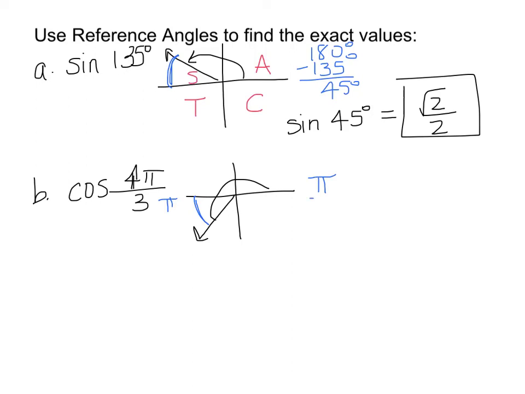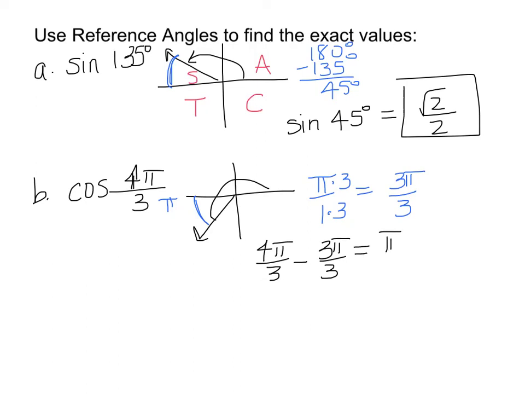And you know that if you had to get the common denominator, you'll have 3 pi over 3. So to find that difference, or distance, it can't be negative, so I'll put the larger number first. We get 1 pi over 3.